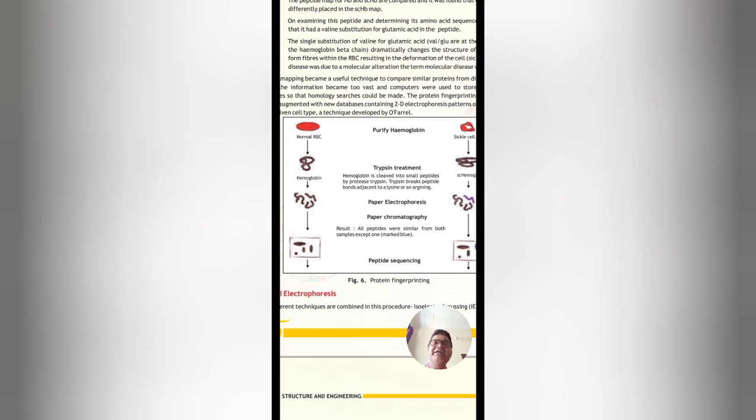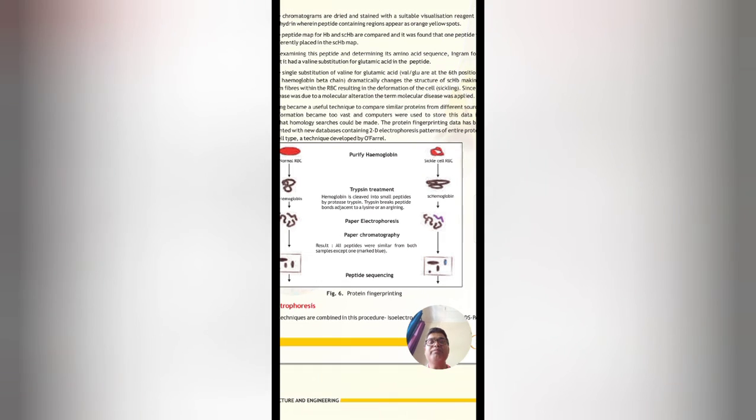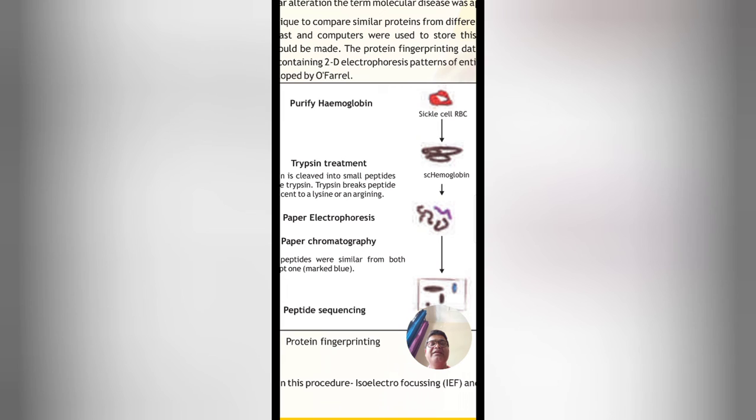For this he isolated two samples, one normal and one sickle cell. After isolation of RBC from the blood, he purified the hemoglobin of the two different samples, that is, the normal hemoglobin and the sickle cell hemoglobin.